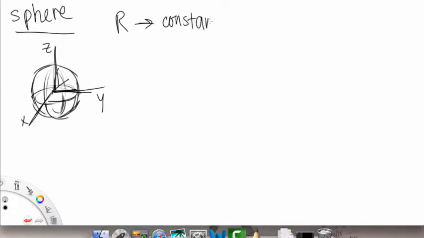So that is constant and therefore not a variable. So that means that the only things left to vary are theta, which exists on the xy plane, right? How much you're rotating around on the xy plane. So this is theta.